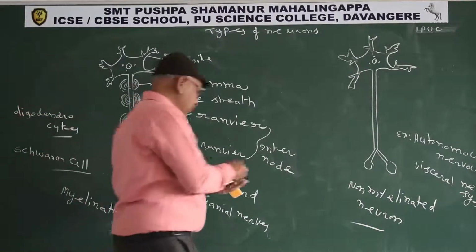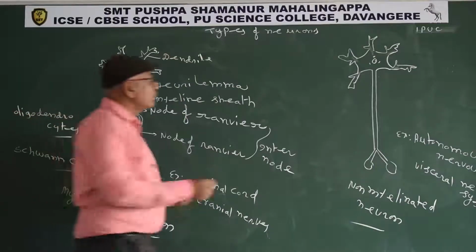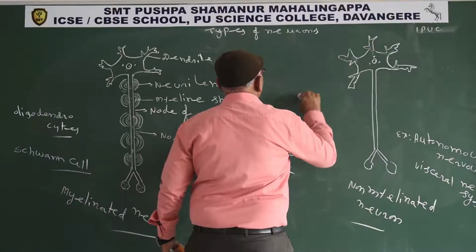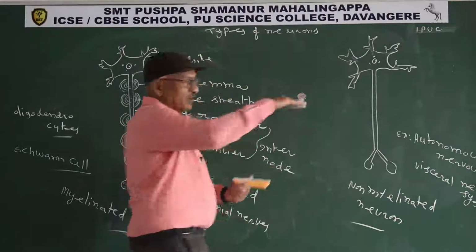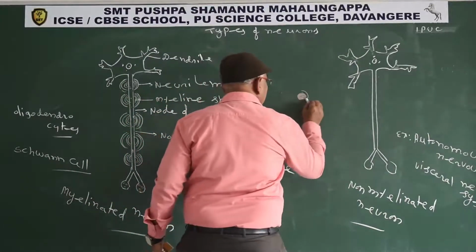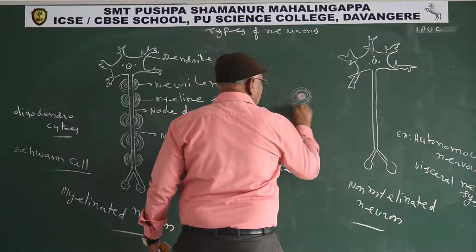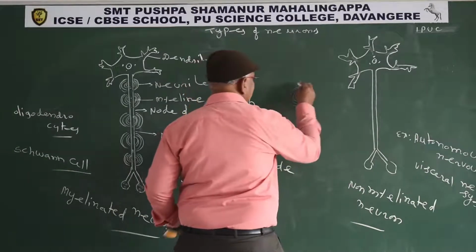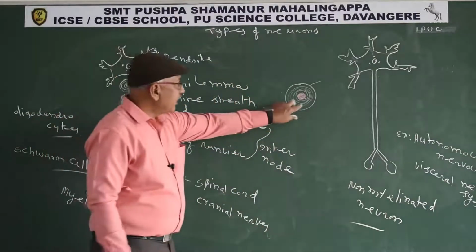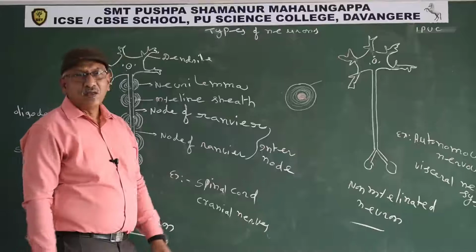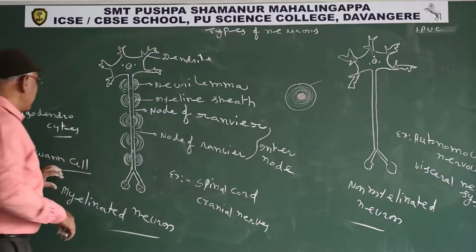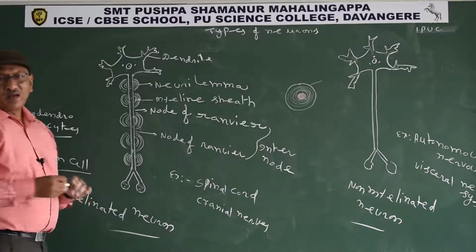For example, if we cut the axon in transverse section, around the axon the Schwann cell is present in layers. The outer layer is known as neurilemma, the inner layers as myelin sheath. So in the peripheral nervous system, a Schwann cell protects a particular part of the axon.